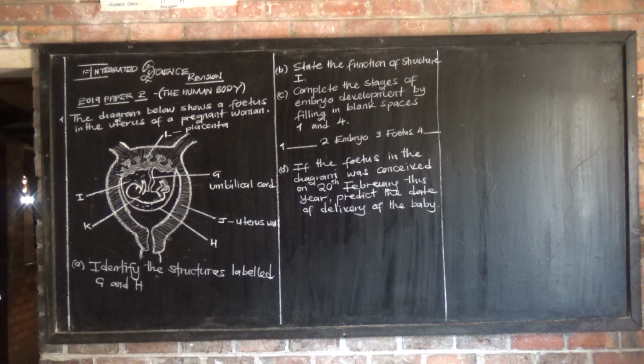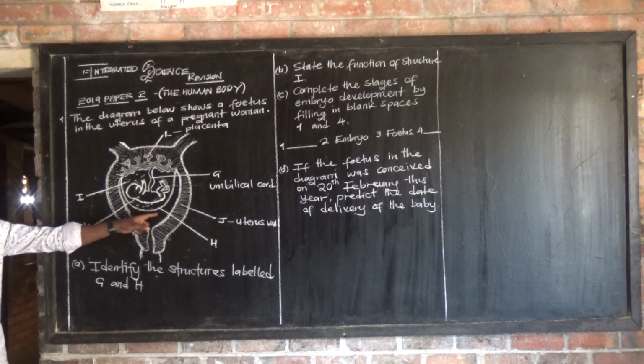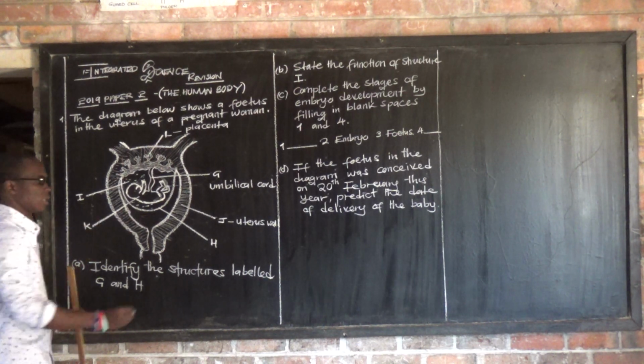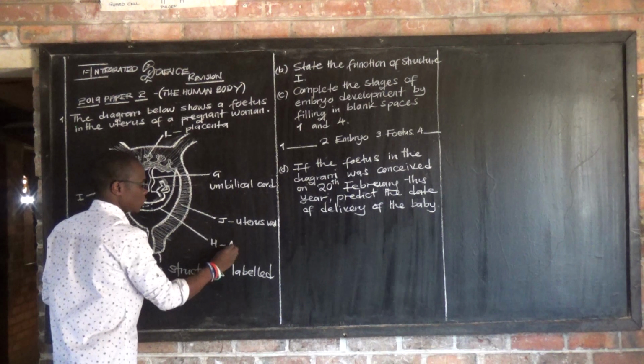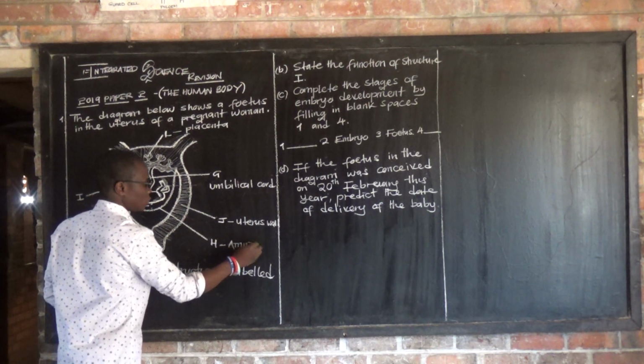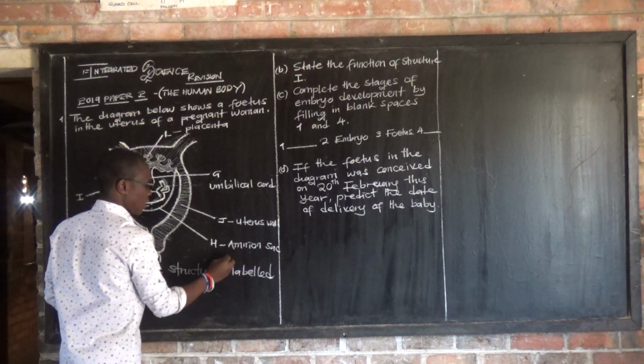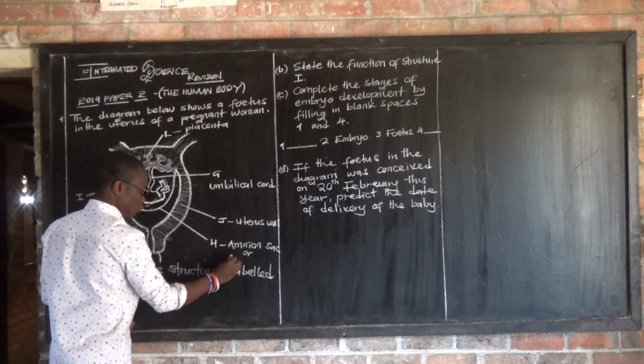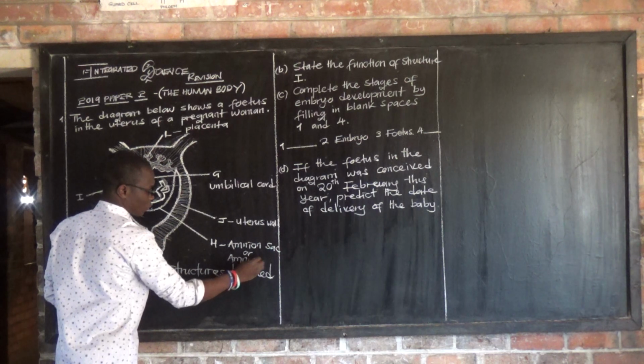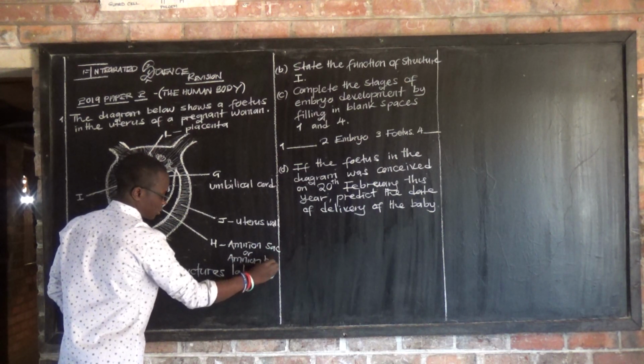Then H, this is the amnion bag or amnion sac. You can say amnion sac, or amnion bag. This is our H.